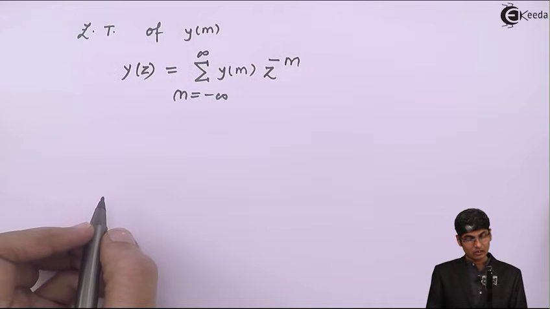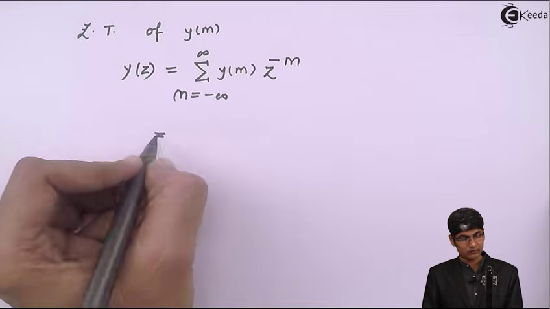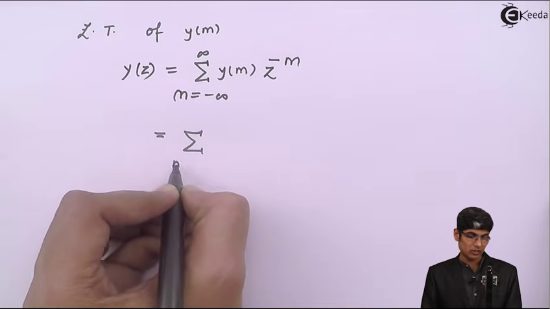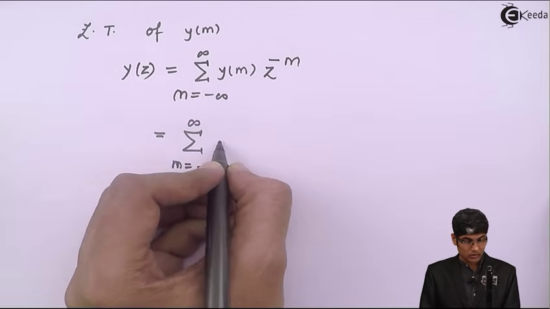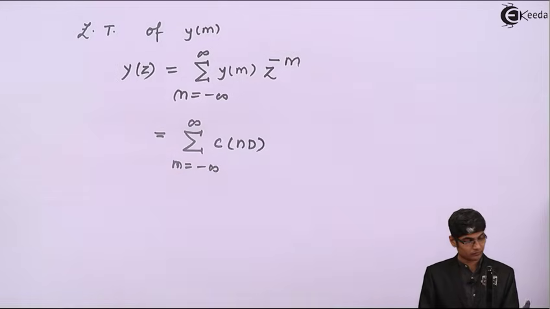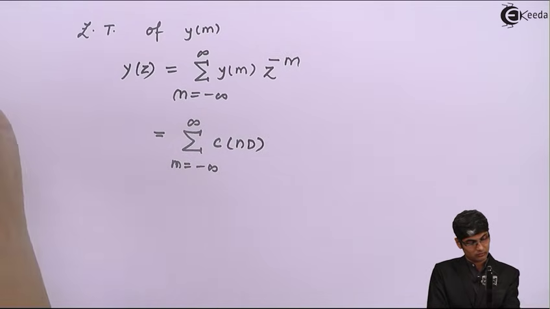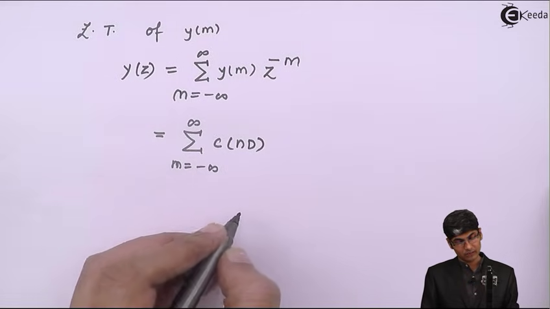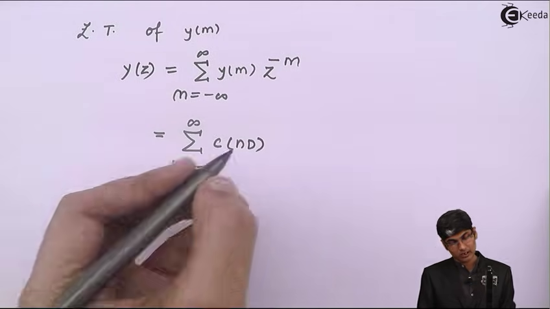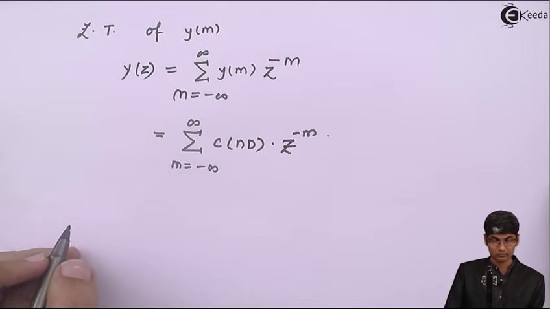So now I will substitute the value of y of m, which is equal to summation m goes from minus infinity to plus infinity, C of m d into z raised to minus m.